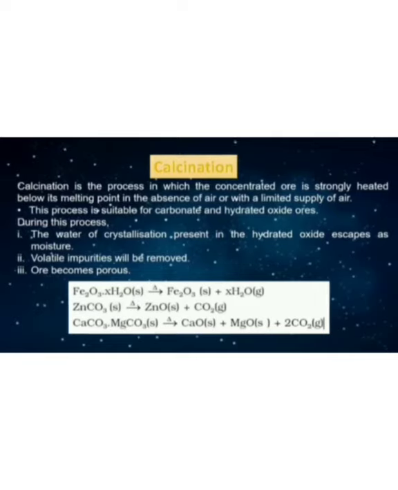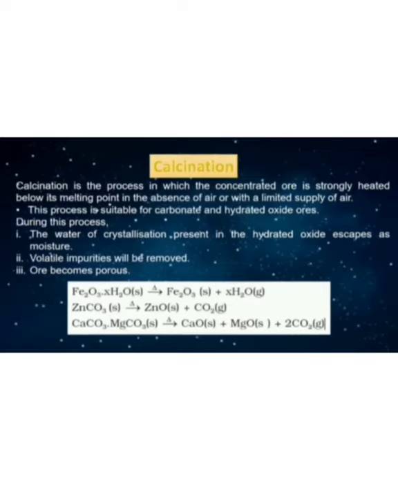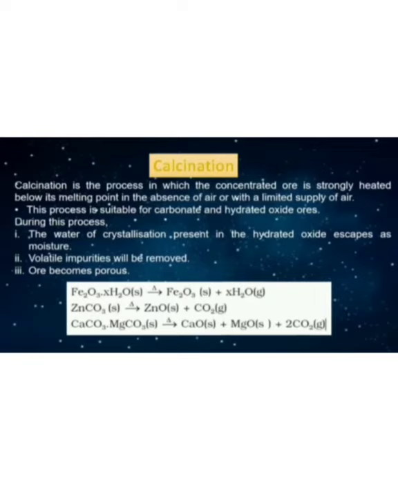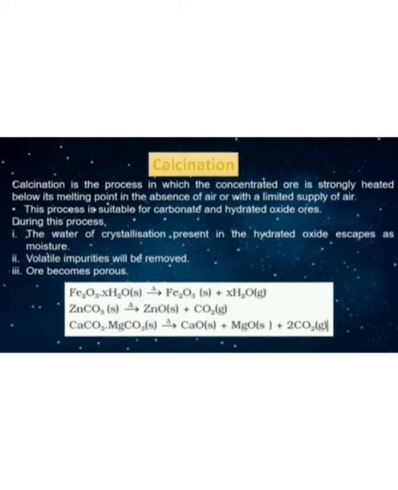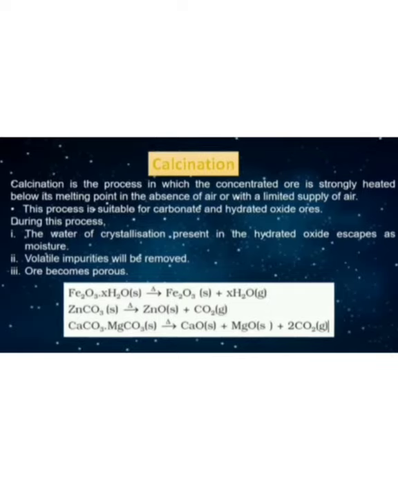This process is suitable for carbonate and hydrated oxide ores. During this process, the water of crystallization present in the hydrated oxide escapes as moisture. Volatile impurities will be removed.